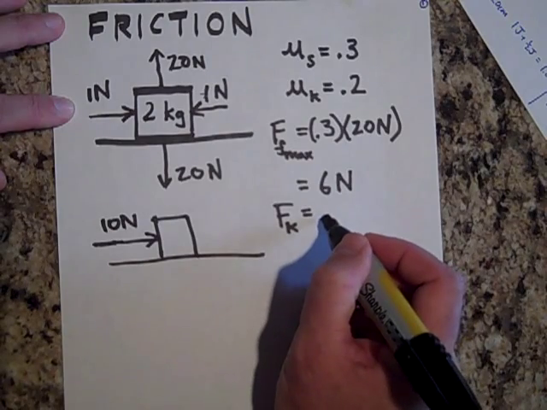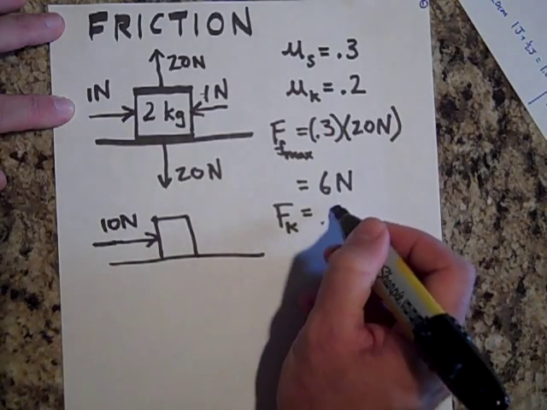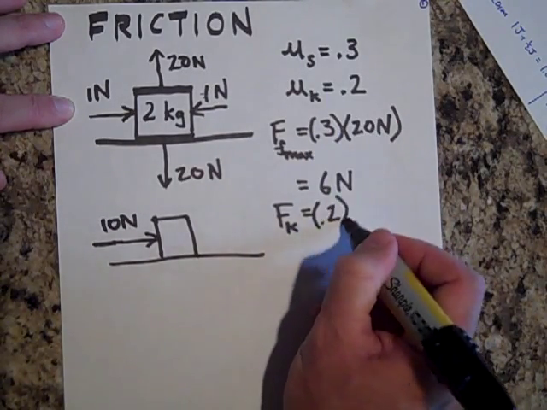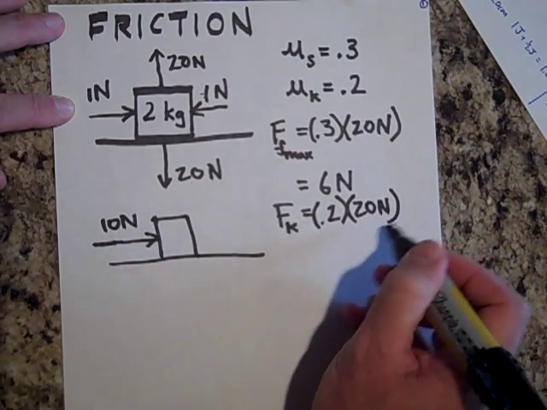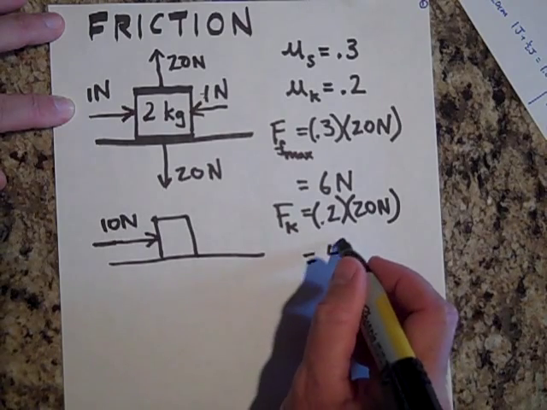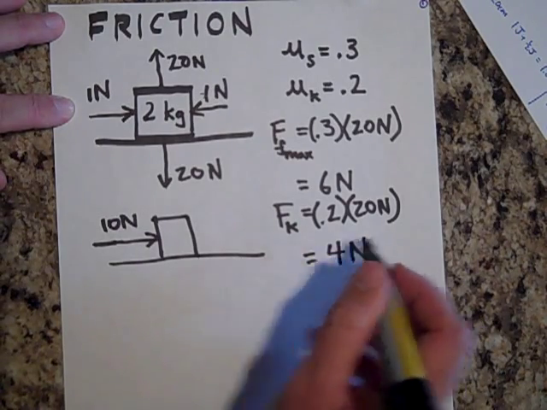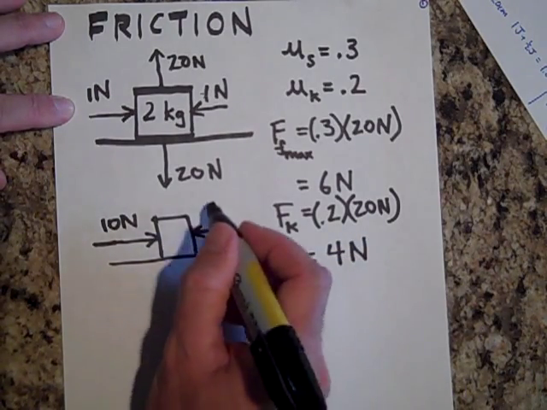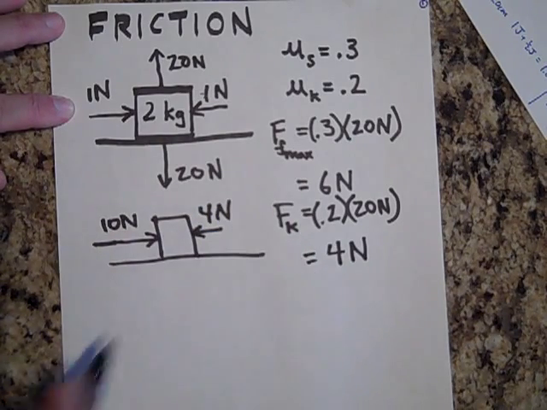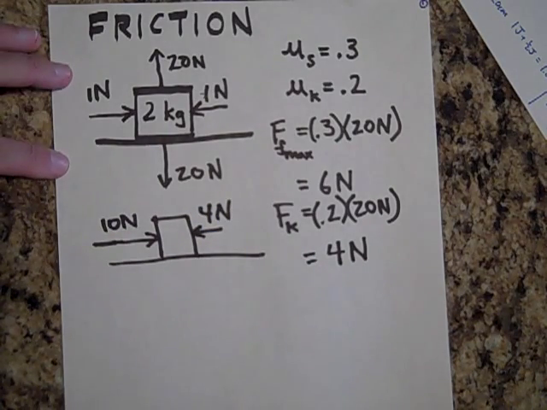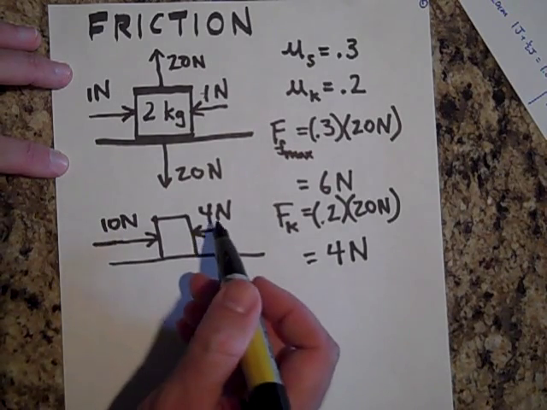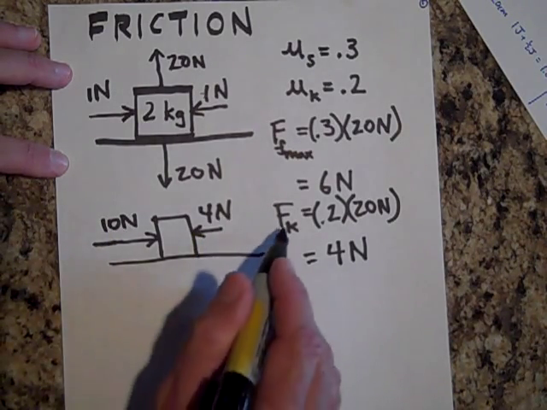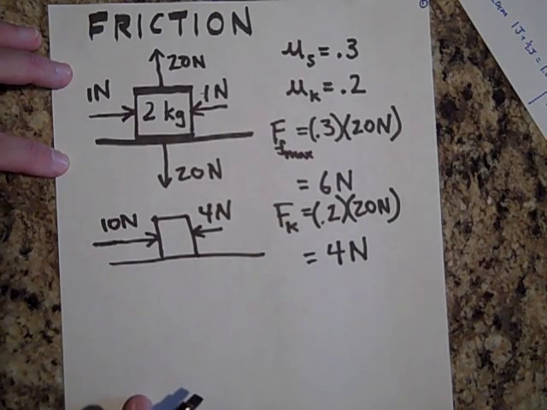The new force of friction is, I've got to use 0.2 for kinetic friction times the normal force, 20 newtons. So that gives me 4 newtons of force. Even if I pushed on this with 100 newtons, this would still be 4 newtons of force. The force of kinetic friction doesn't ever change.